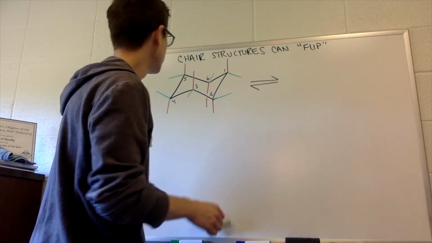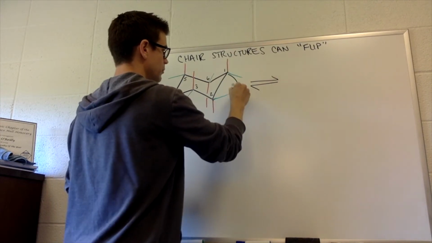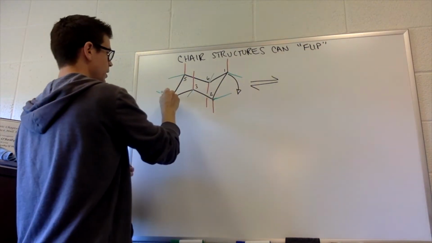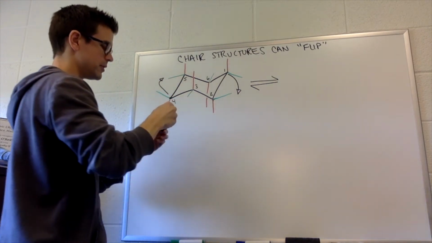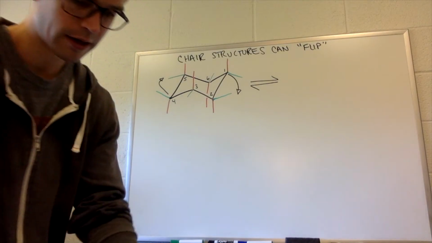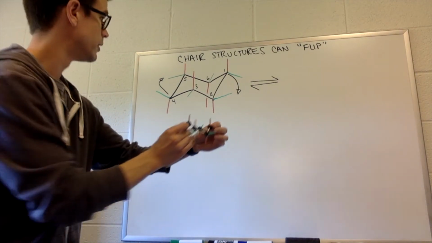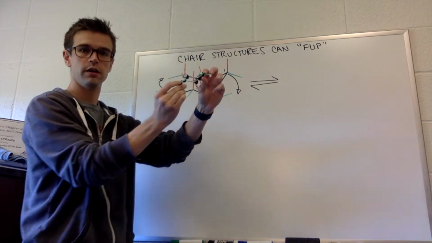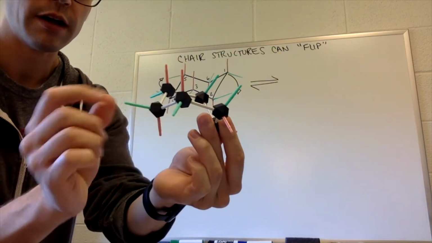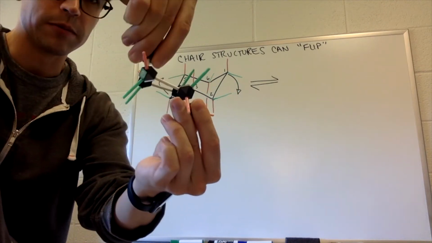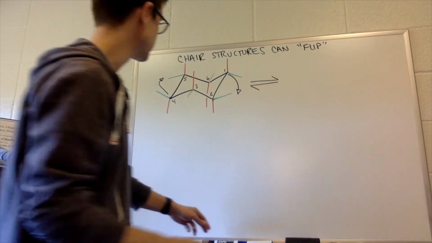So what happened there? Well, corner 1, this carbon, moved down in the flip, and this bottom corner, corner 4, moved up in the flip. I'm going to do it one more time. This corner right here flipped down, and this corner flipped up. So that's what we're going to show in the next two-dimensional structure.